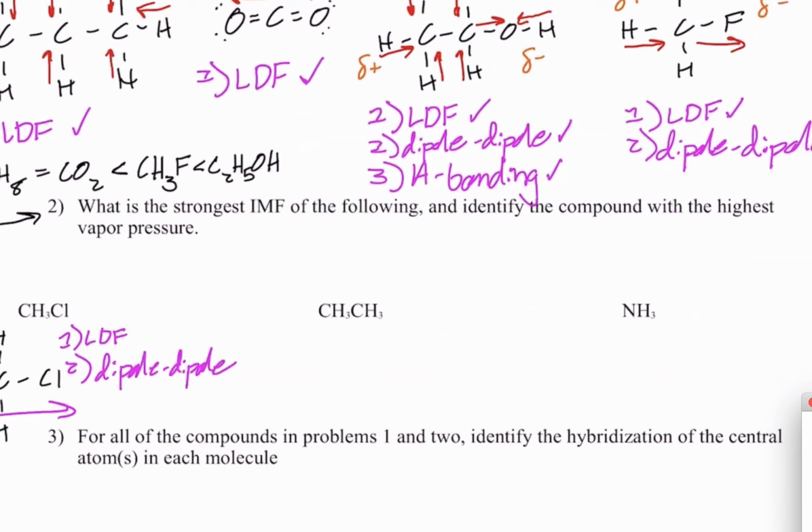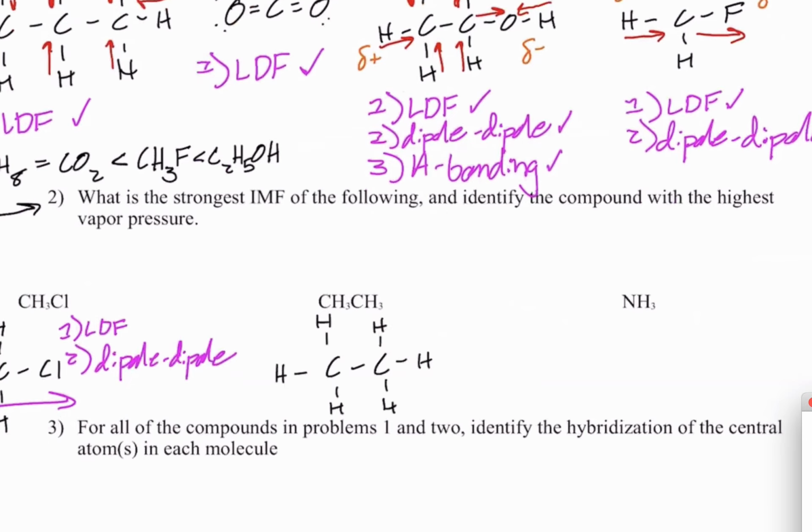So now let's do CH3CH3. So that one is going to look like this. Okay, so this one, first it's going to have London dispersion.